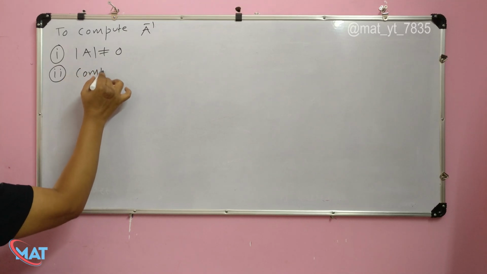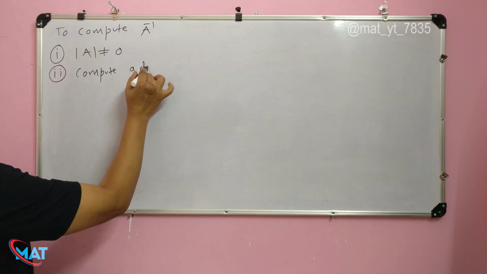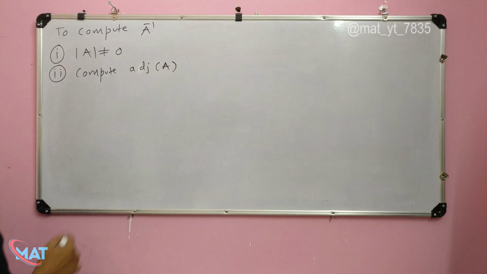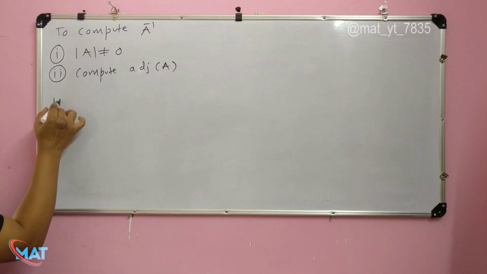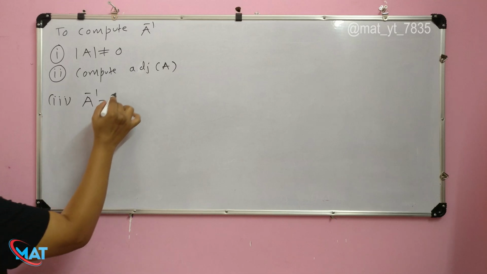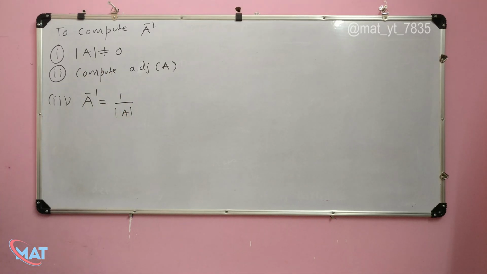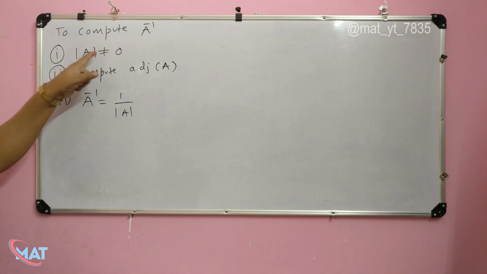Compute, as I explained, the adjoint of that matrix. In third stage, A inverse is given by 1 by the value whatever you got for det A, because division is not defined, that's why it should not be 0.